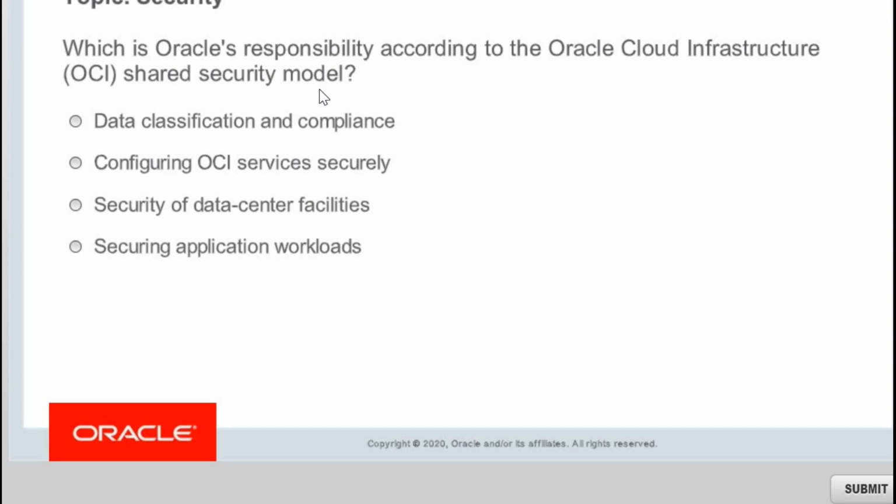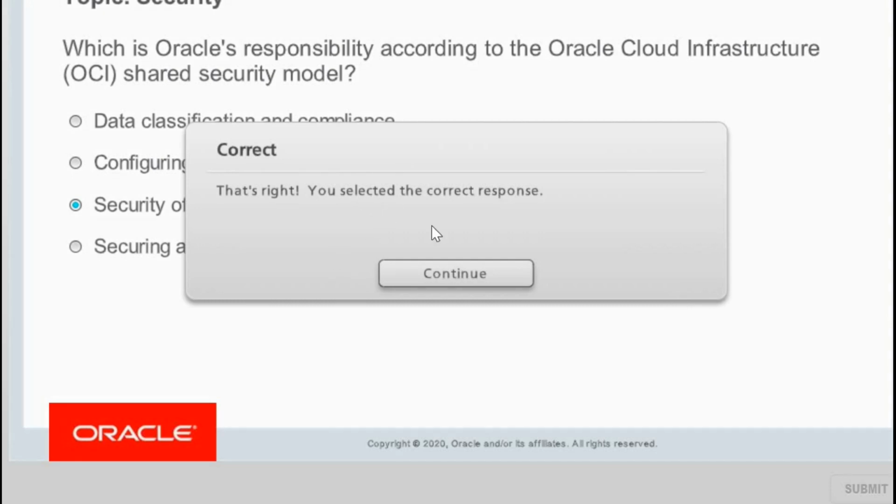Many customers are using the same Oracle Cloud. So it's up to Oracle to secure the data center facility. So the right answer is security of the data center facility. Even if you use any other cloud, it's the cloud provider's responsibility to secure their data center. So I choose that answer and press submit, and let's see what it says, right or wrong. So that is really right.